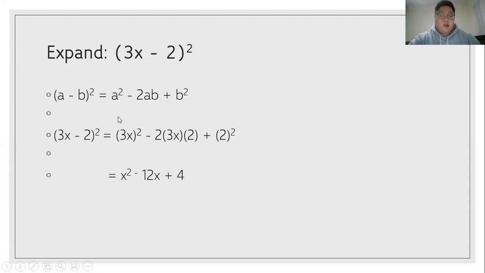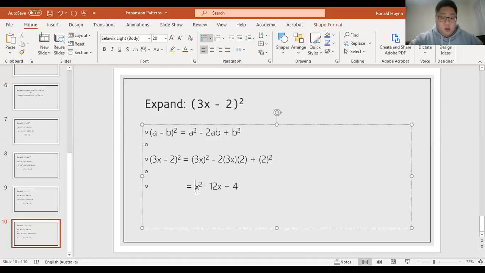Now we go back and we evaluate. So 3x squared is 3x times 3x. That is actually 9x squared. My apologies once again. I should actually double check my work, shouldn't I?